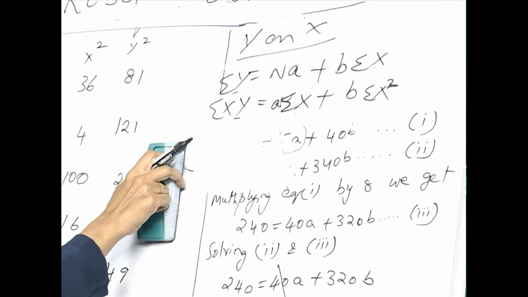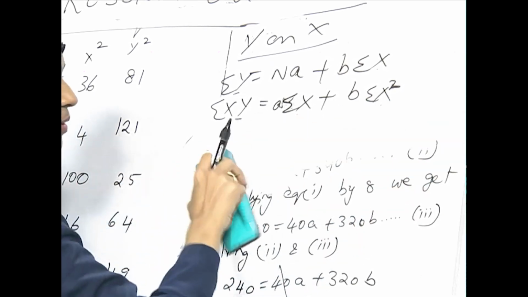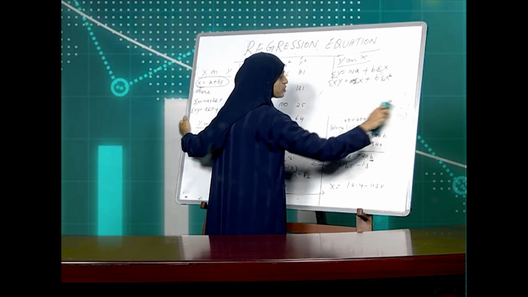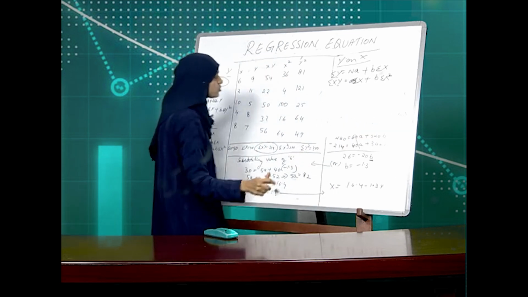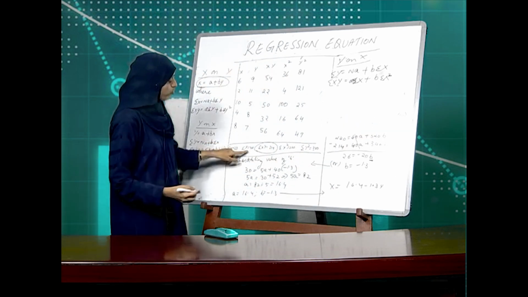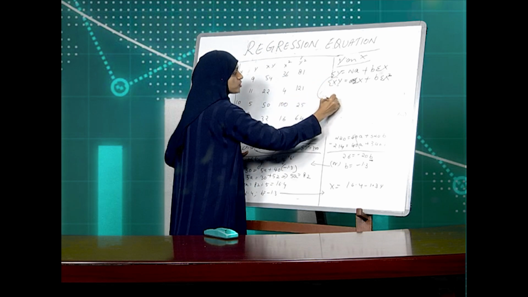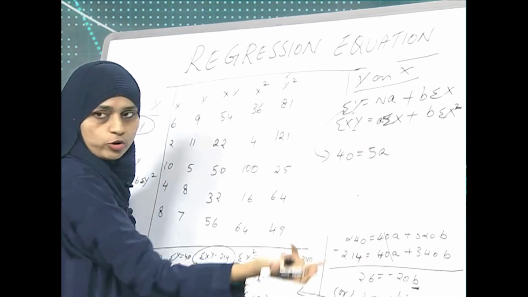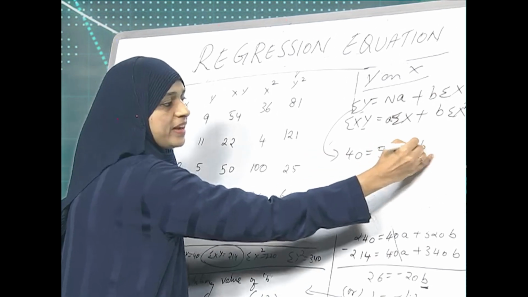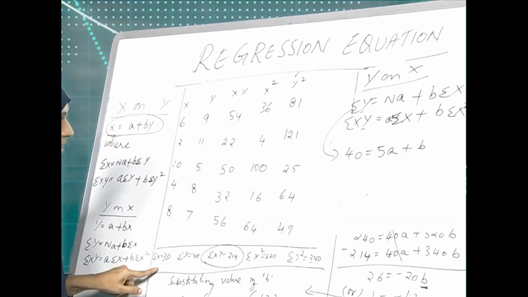So now again we will get all these equations once again. New equations will come to us by substituting these values, through which we can get the values of the other. So you see, summation of y is 40. So in this equation I put it as 40. n is your 5, number of units. a we don't know, so we write as it is. b we don't know, and summation of x is 30.